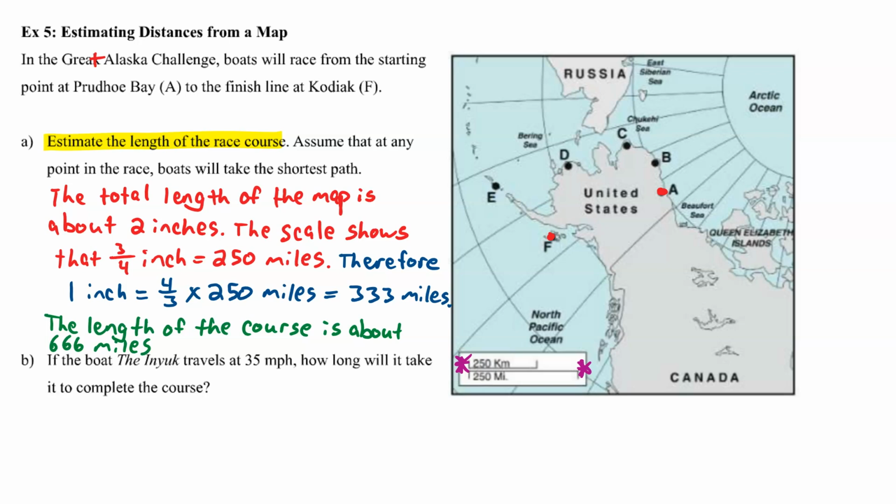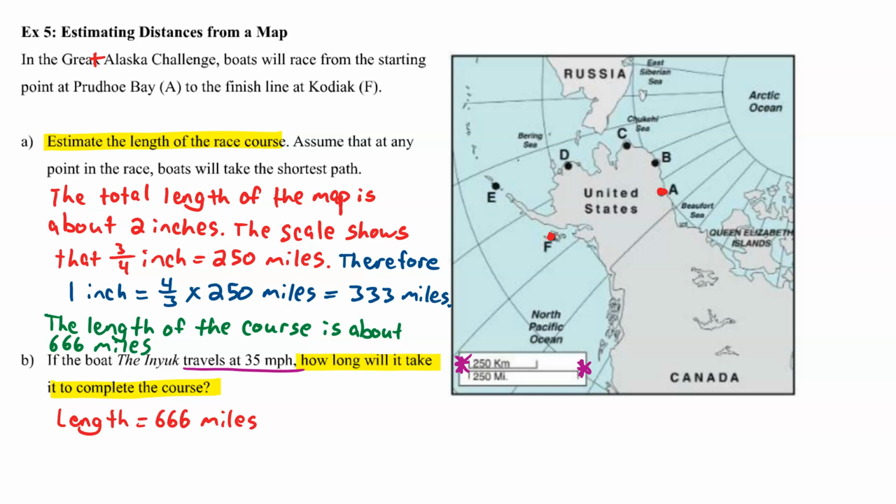Part B says if the boat, the Inuit, travels at 35 miles per hour, how long will it take for it to complete its course? So we have the length of the course is 666 miles. And we're also told what speed the boat is traveling at. So the boat is traveling at 35 miles per hour.